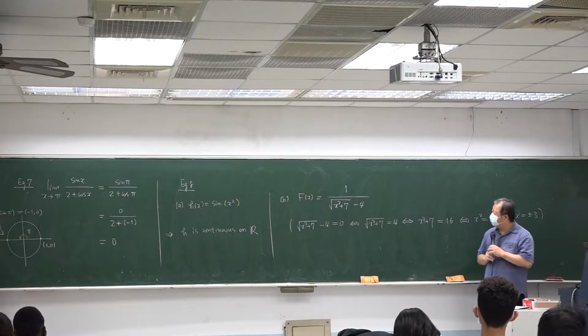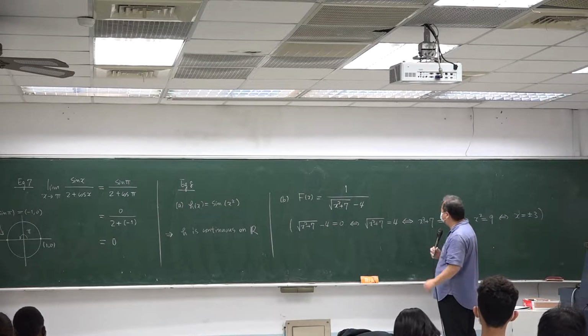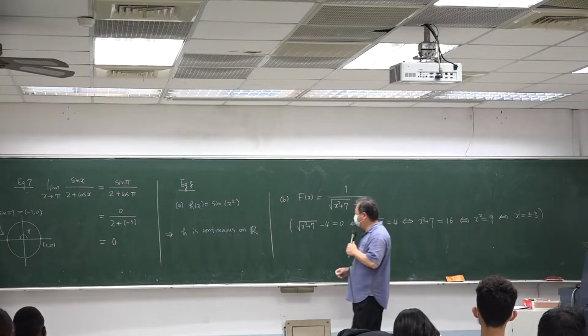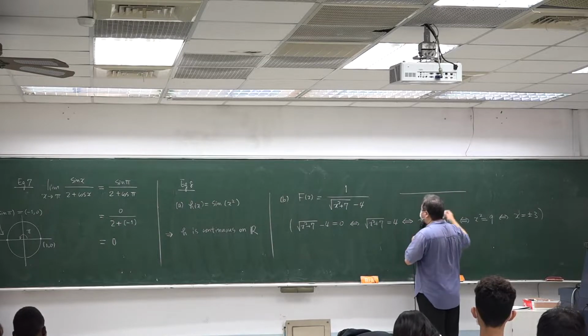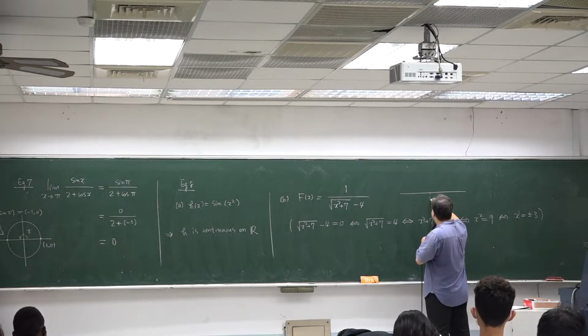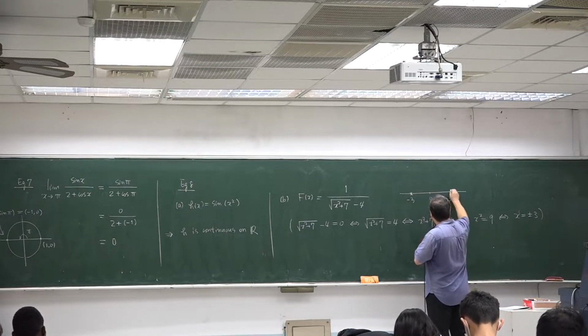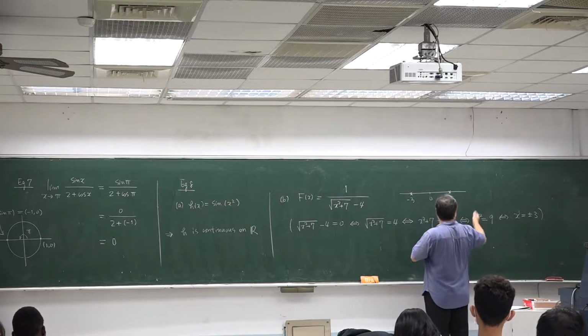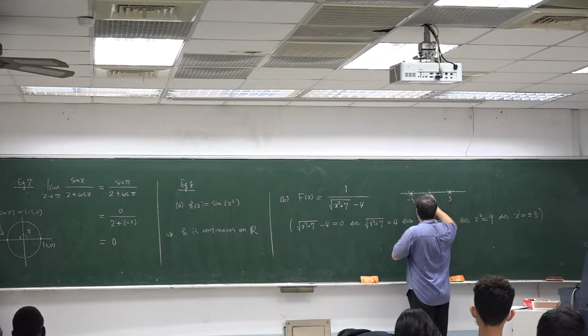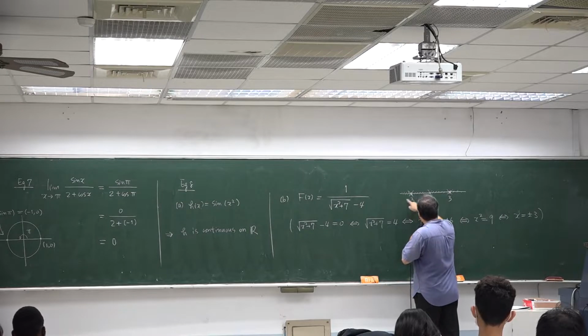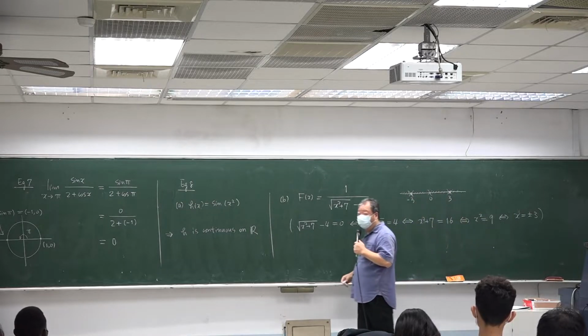Now, if we consider the real number line with minus 3 and 3 deleted, then we obtain 3 open intervals. Two of them are finite open intervals, and two of them are infinite open intervals.